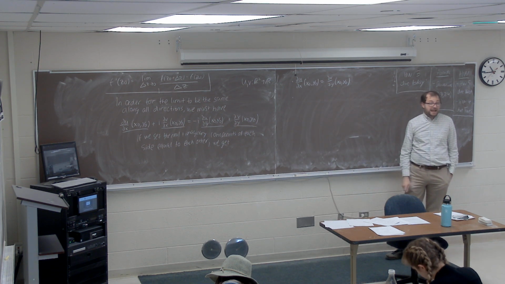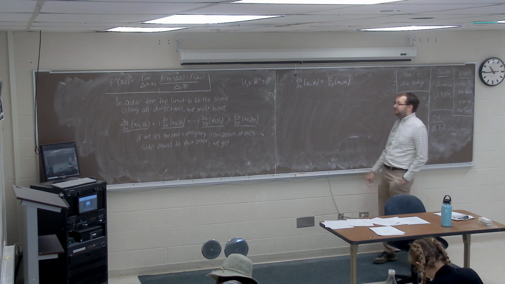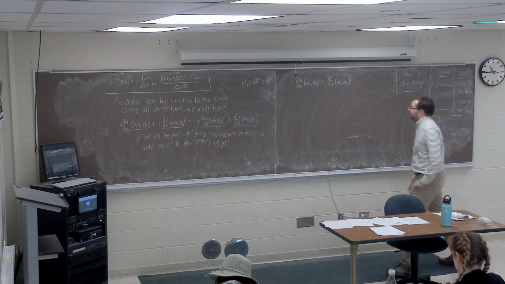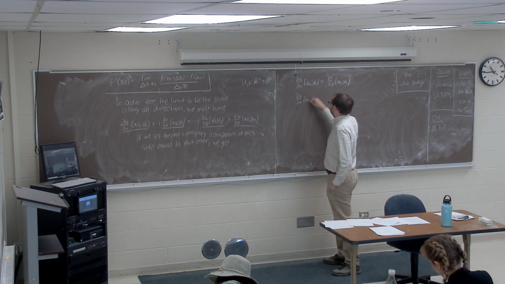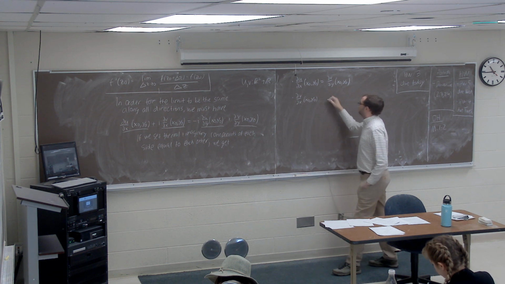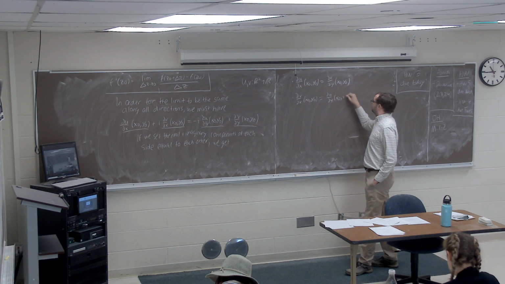And if we set the imaginary components of both sides to be equal to each other, Gail, what are we going to get? Del v del x at x naught y naught equals del u del y of x naught y naught.